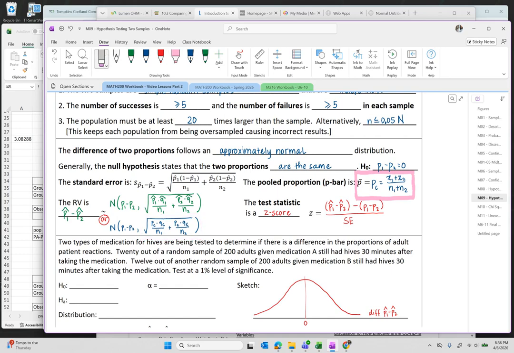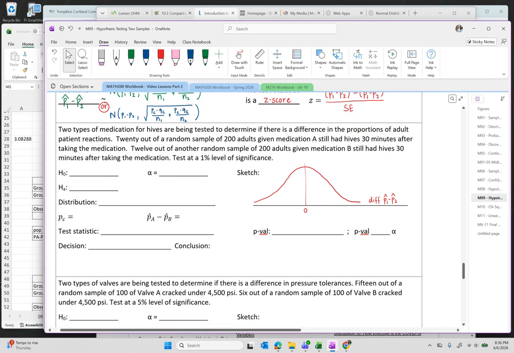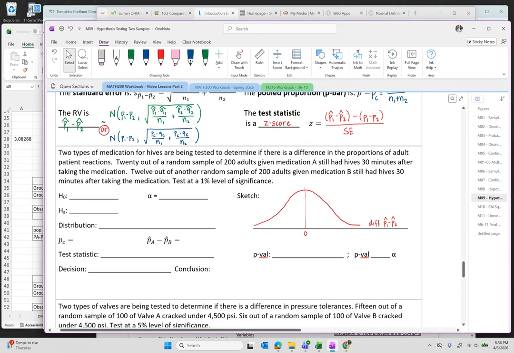So let's try an example. We will use Art of Stat to find the answers, and then we will investigate in Excel to see what Art of Stat does and how it calculates the values. So we have two types of medication for hives. They are being tested to determine if there is a difference in the proportions of adult patient reactions.